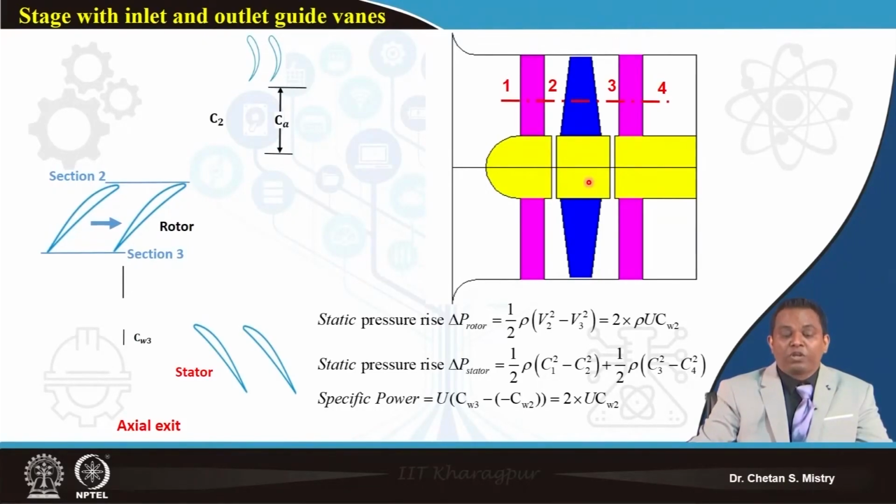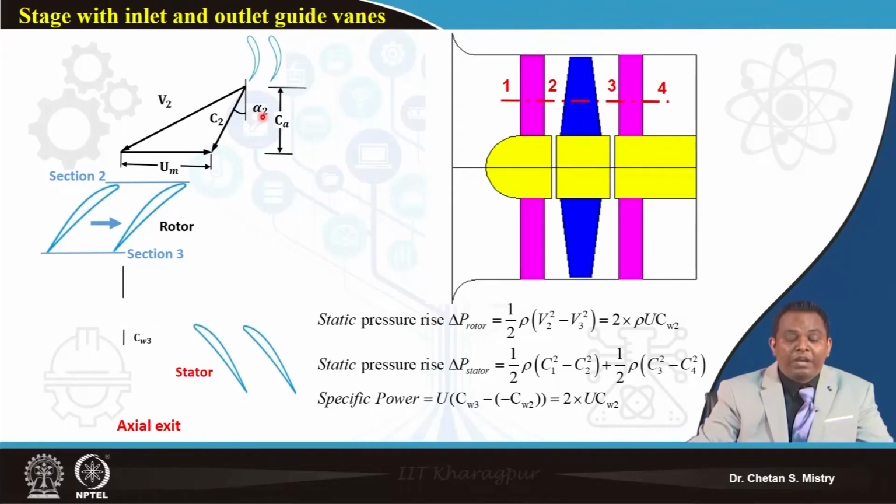If this is your case, my flow will enter with some absolute velocity, with some angle alpha 2. I will have my peripheral speed. If I put in my relative velocity component, I will have my blade angle. In the same way, looking here, this is my whirl component that I am imparting by using the inlet guide vane. So at the entry of the rotor we are imparting our whirl component.